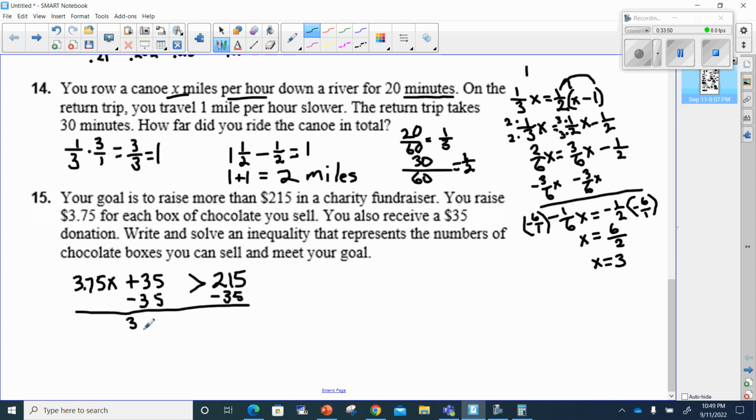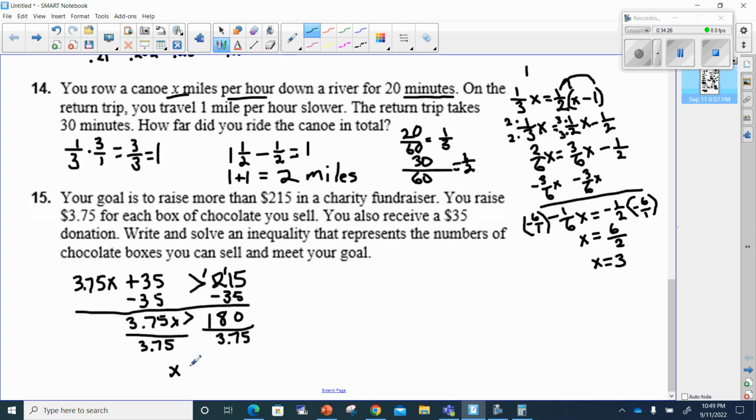This will give me 3.75x is going to be greater than, well, it's 0. And it's got to borrow 1 here. And so, 8, 9, 10, 11, this would be 8. That equals 180. Now I have to divide by 3.75 to get x by itself, which means I have to divide by 3.75 over here.